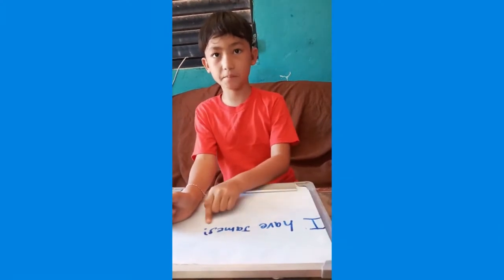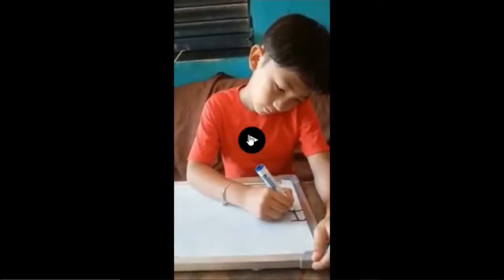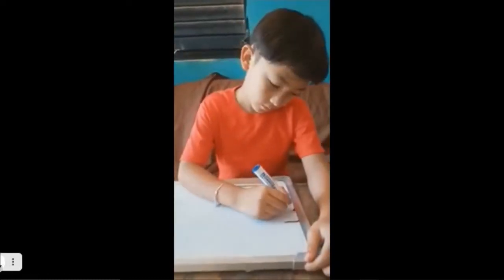I have James, which is correct because James ends with an S. So to form the plural possessive form of that would be just to add an apostrophe. So move on to the other one.